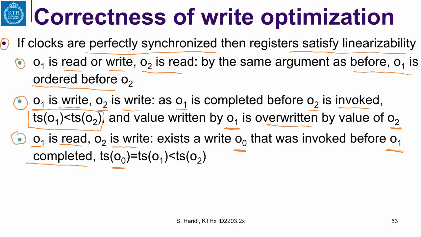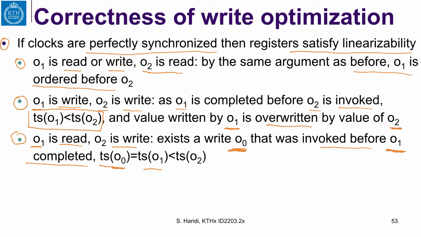Let us look at the case where O1 is a read and O2 is a write. This means there exists a write O0 that was invoked before O1, and the value returned by O1 is that of this previous write, O0. Which would mean then the timestamp of O1 is the same as the timestamp of O0.